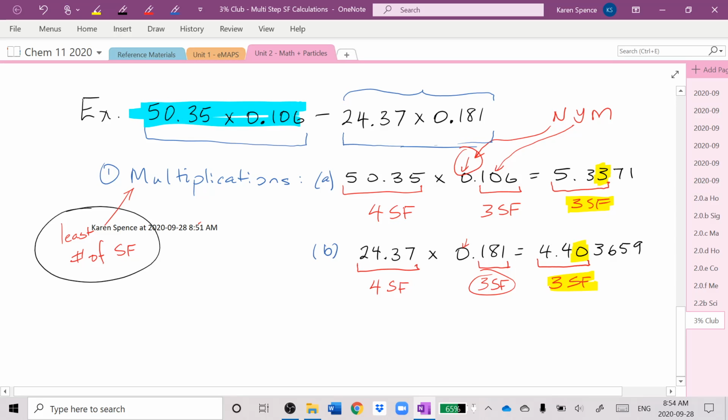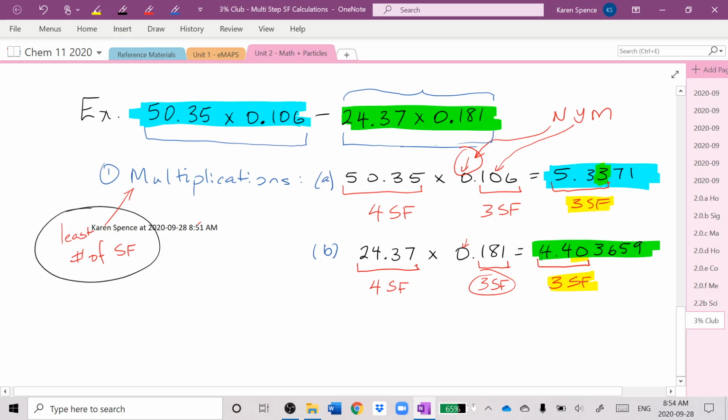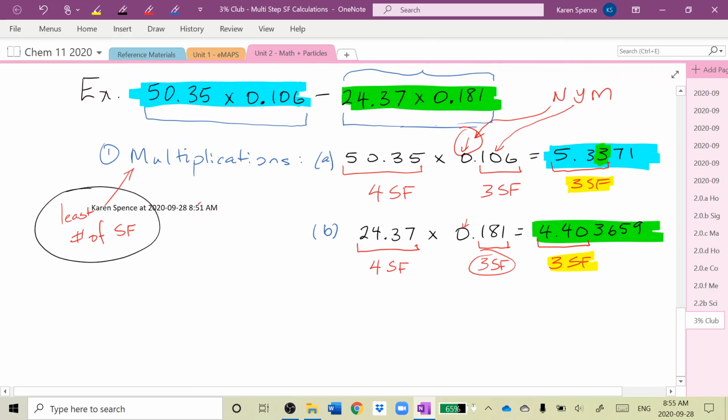I'm going to take that first part, 5.3371, which is equal to the blue thing I just highlighted, and I'm going to subtract the green thing, 4.403659.